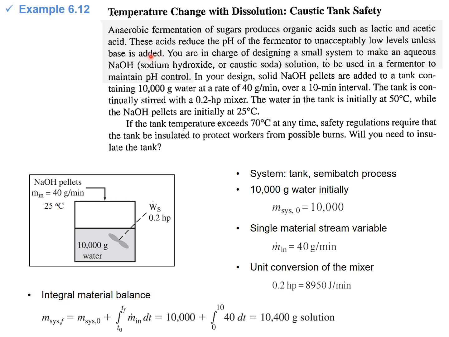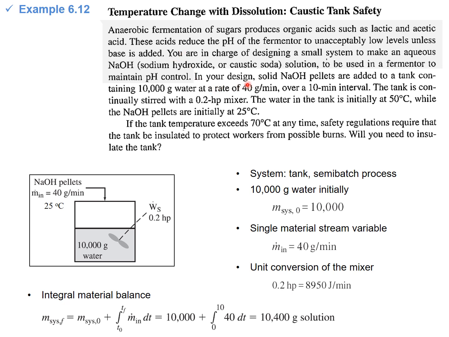So we should add some base like sodium hydroxide. You are in charge of designing a small system to make an aqueous sodium hydroxide solution to be used in a fermenter to maintain pH control. Actually, these statements are useless for solving this problem. This is a kind of background.